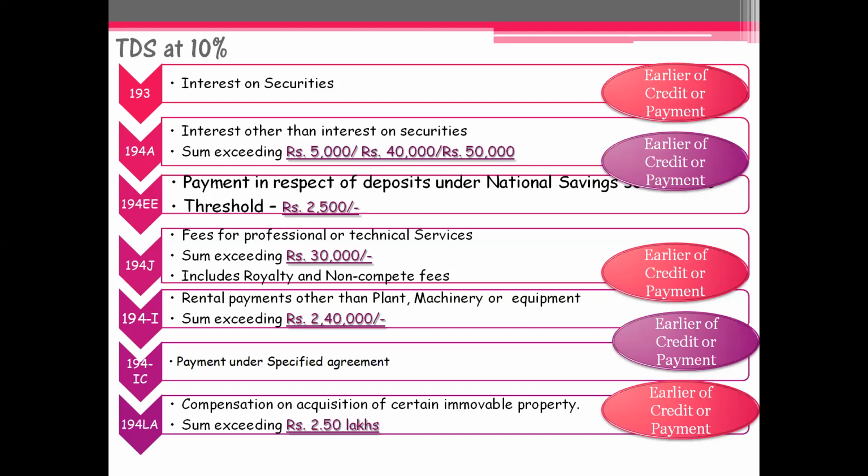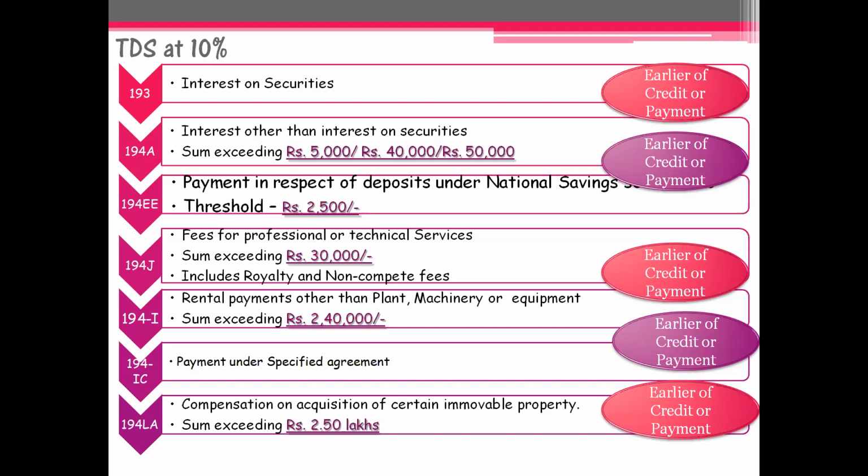When there is no tax applicable on a particular income, you cannot subject TDS on it. Since the 80TTB exemption is available up to 50,000 for senior citizens, the threshold under 194A is also 50,000.